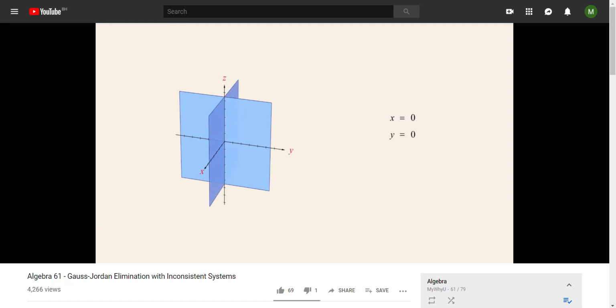Consider a system containing the equations x equals 0, y equals 0, and z equals 0. This system has a single unique solution corresponding to the common point at the origin shared by all three planes. Now let's add a fourth equation, x plus y plus z equals 3.